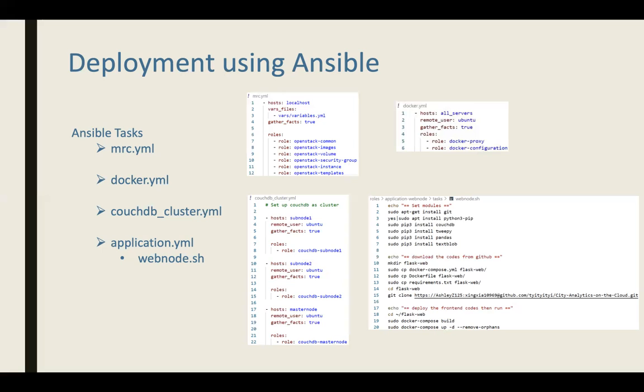Then we configure the CouchDB cluster on 3 database instances. We upload the corresponding shell file to each node through Ansible and execute them on the instance side. The subnodes only need to create the CouchDB container.